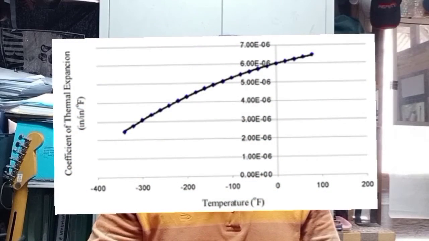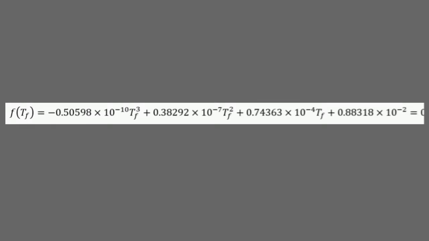If the coefficient of thermal expansion is considered to remain constant, equation 2 simplifies to equation 1. A second order polynomial is used to approximate the thermal expansion coefficient of a typical cast steel in figure 3, and so we got to the final equation, which is this.